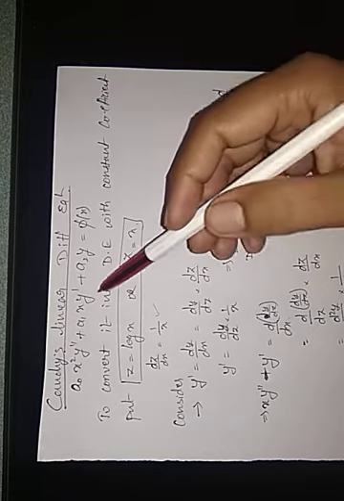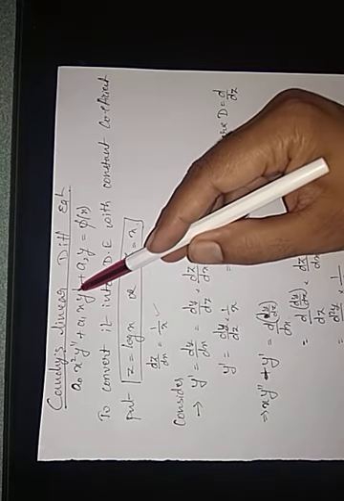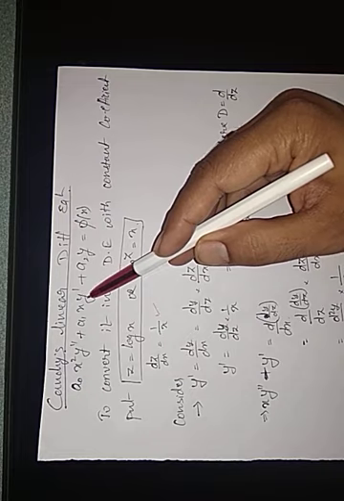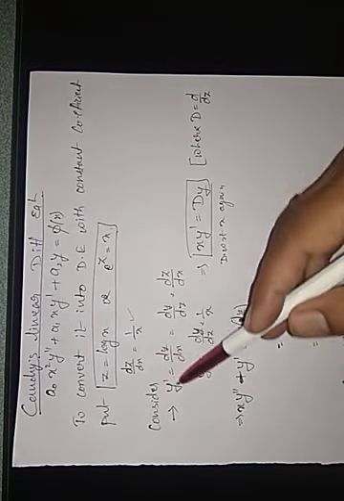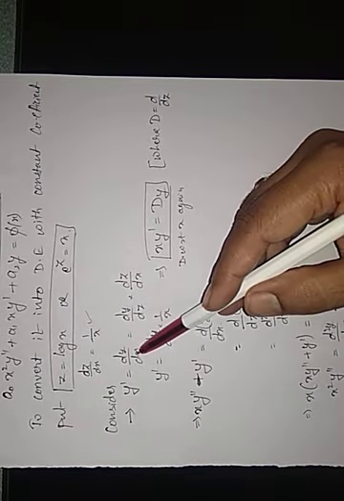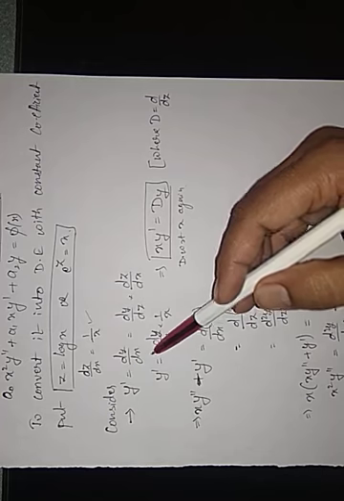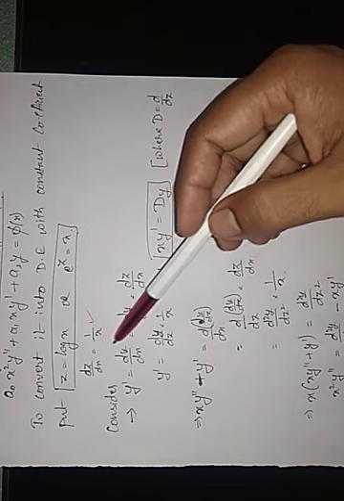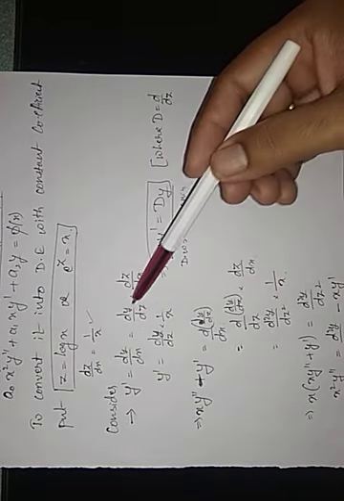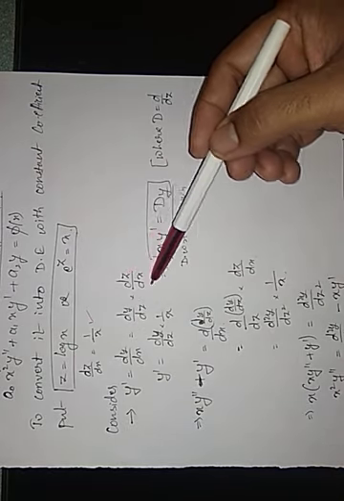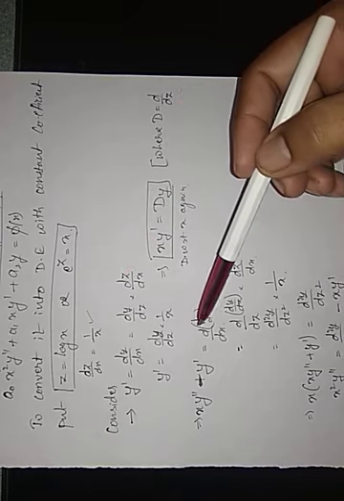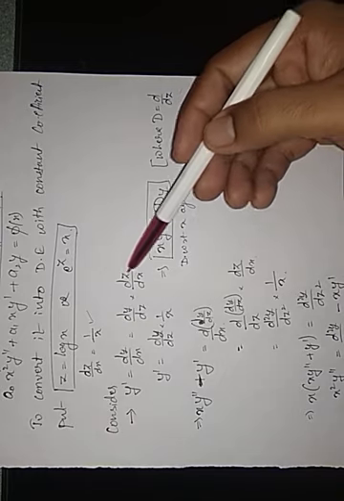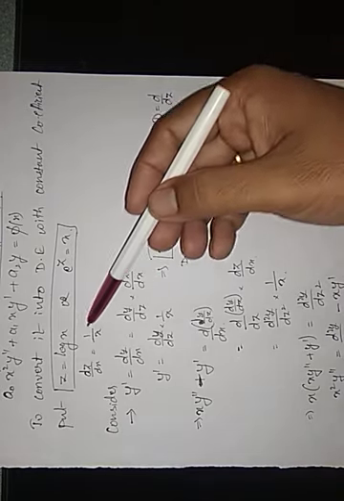Now I want to substitute for x into y dash, x into dy by dx. Consider this y dash. Y dash is nothing but dy by dx. By chain rule I am converting it with respect to z. Therefore dy by dz into dz by dx, multiplying and dividing by dz. Then dz by dx I know is equal to 1 by x.